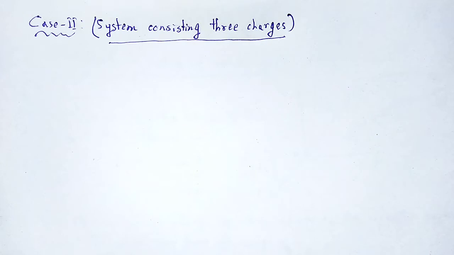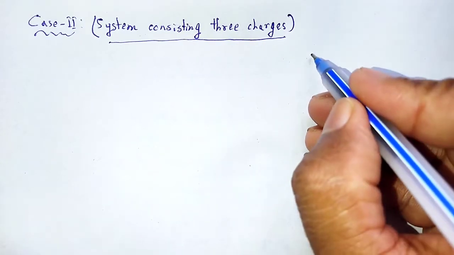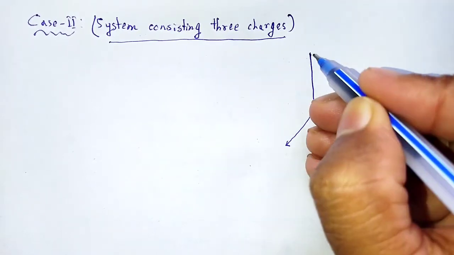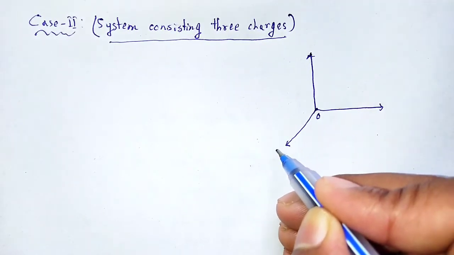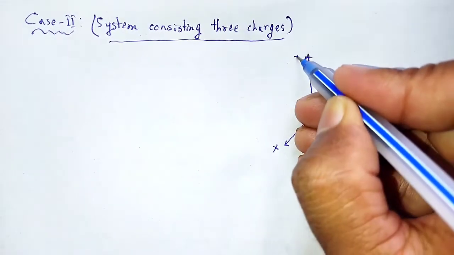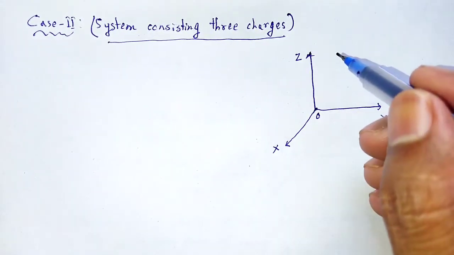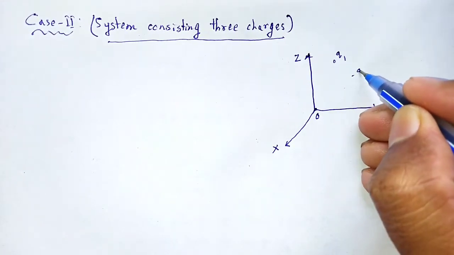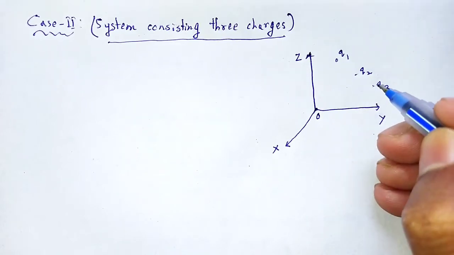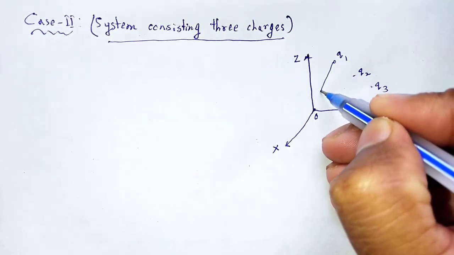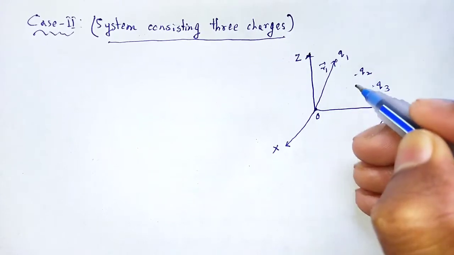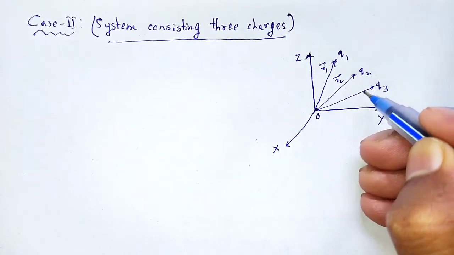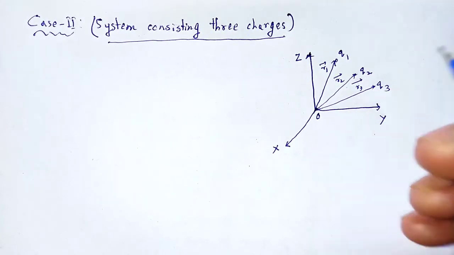Consider a system consisting of three charges. Let us take a coordinate system with axes X, Y, Z. The system consists of three charges Q1, Q2, Q3 with their position vectors R1 vector, R2 vector, and R3 vector respectively.